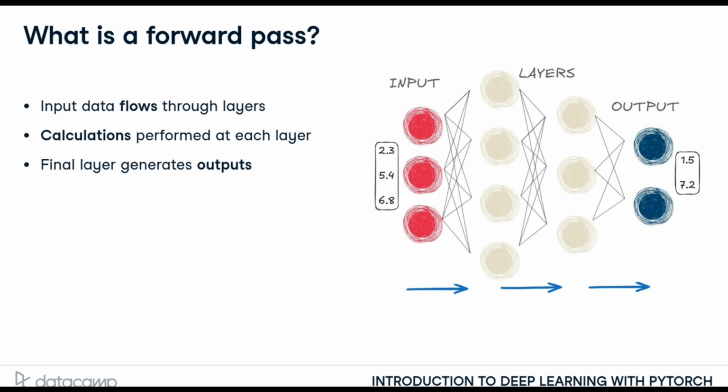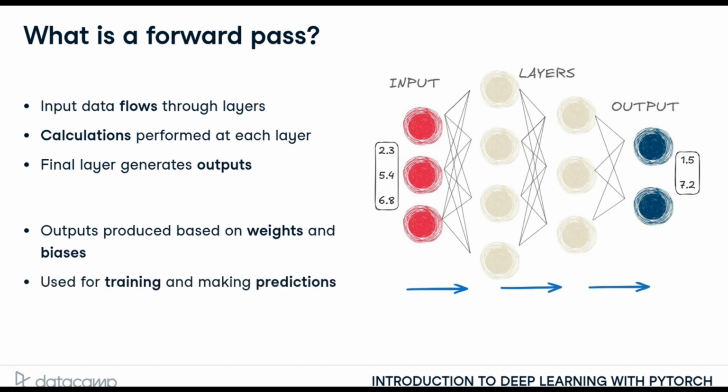The purpose of the forward pass is to pass input data through the network and produce predictions or outputs based on the model's learned parameters, also known as weights and biases. This process is essential for both training and making new predictions.